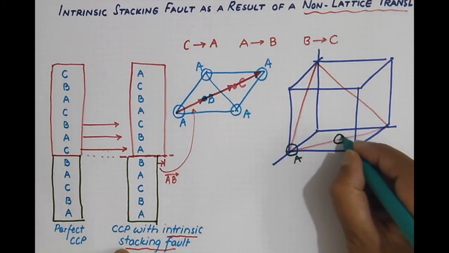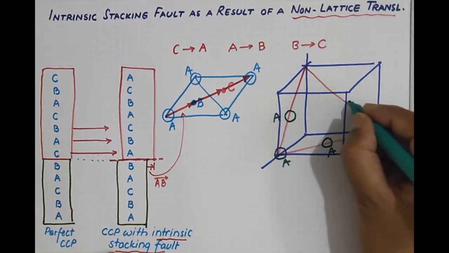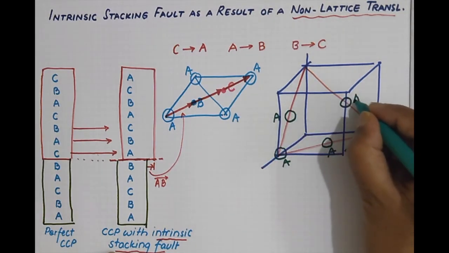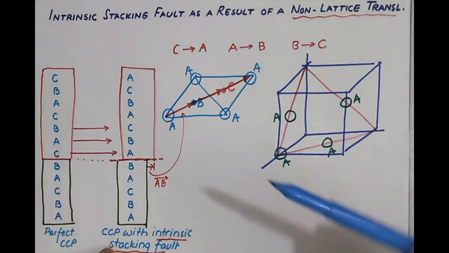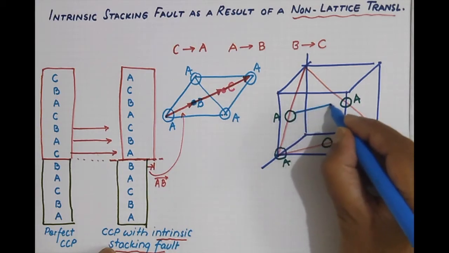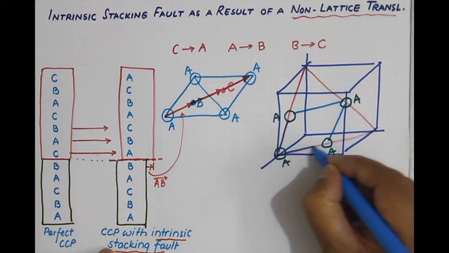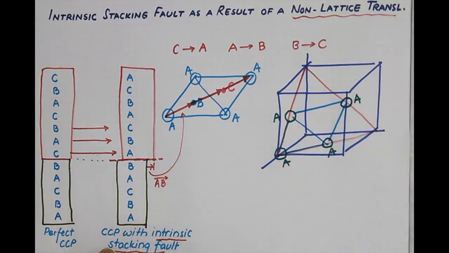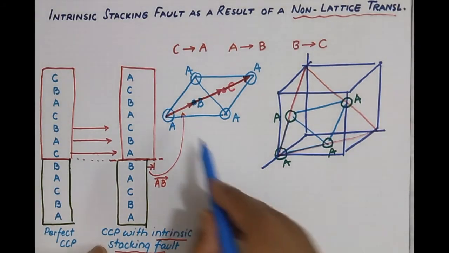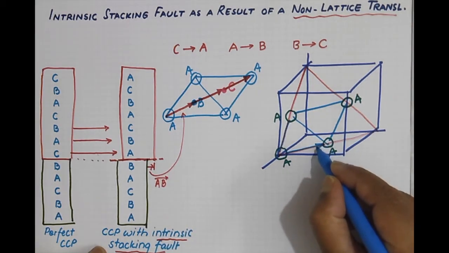This is A, this is another A, this is A, and that is the back face center. So this rhombus is what I have drawn here. You can see that this A to A vector is half the face diagonal here.